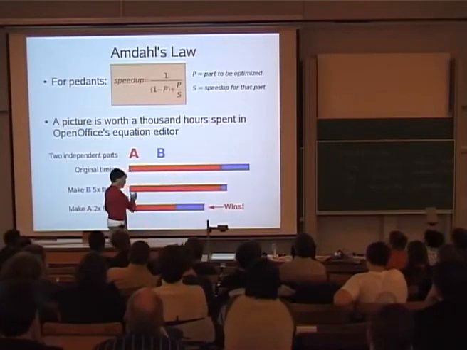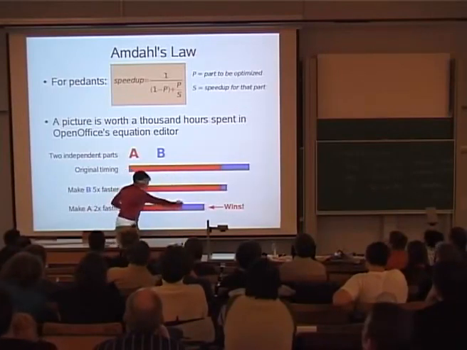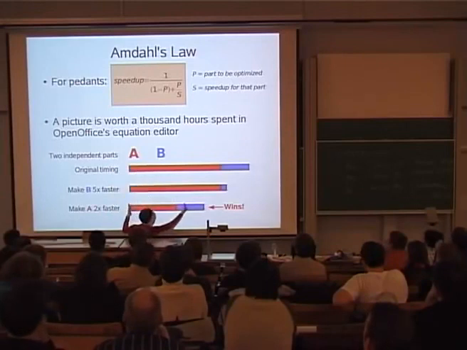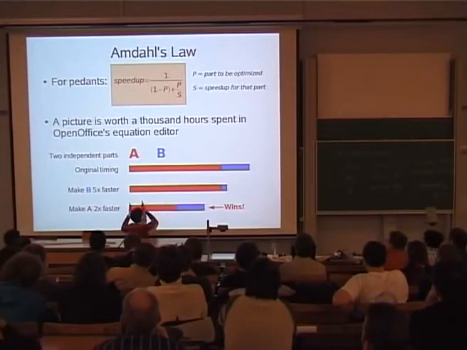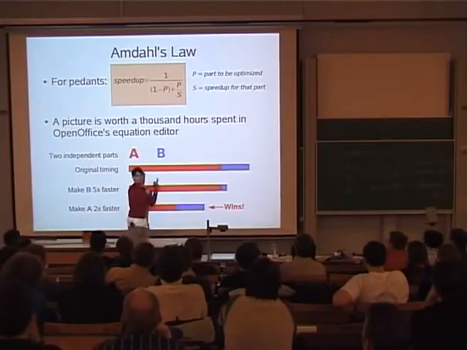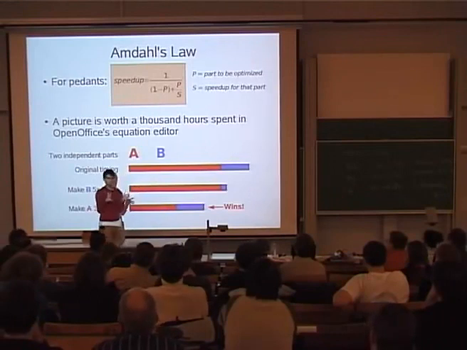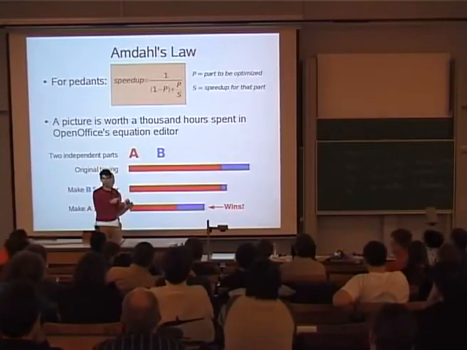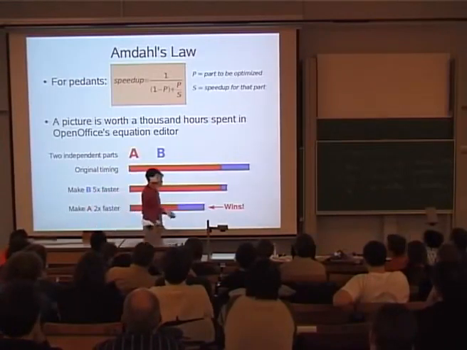So if after doing the red part, you do the blue part, you will end up like this. If your goal was to get to here, there's no way you're going to be able to achieve it if this is the fastest you can go. So by setting your goals and later analyzing how much faster you can make each part, you'll actually know if you can reach your goals.